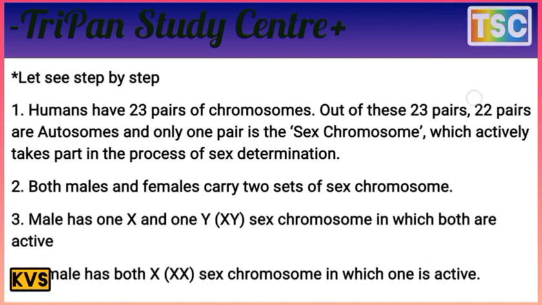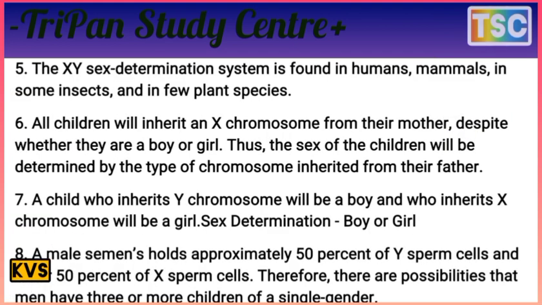That's important. The XY sex determination system is found in humans. That's important. The XY sex determination is found in humans, but not only humans: also other mammals, some insects and a few plant species.